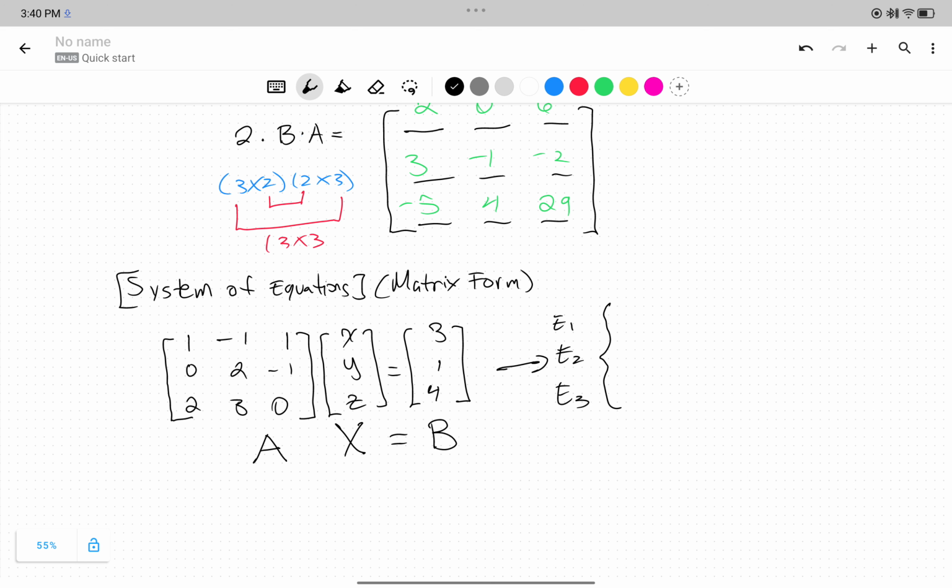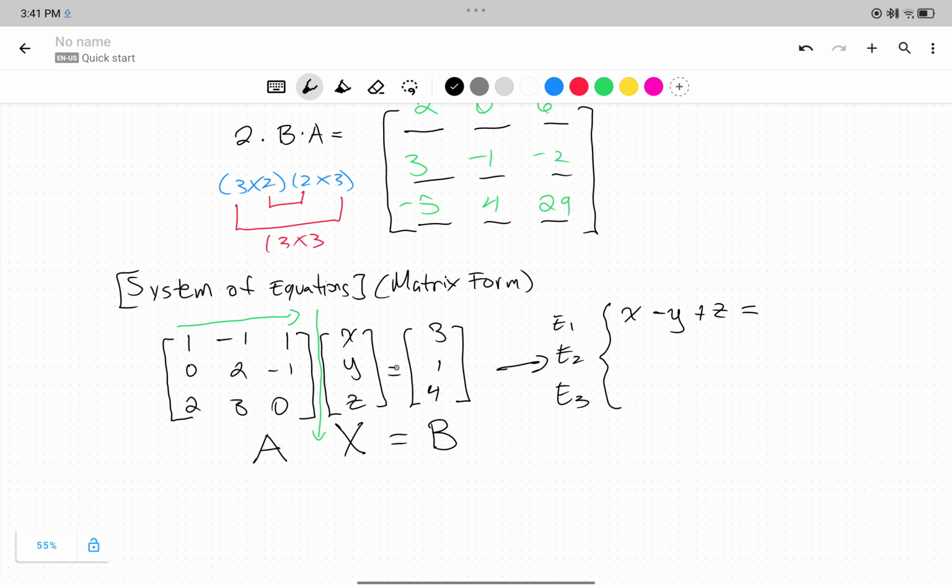There we go. Well, we know matrix multiplication. Rows, you go that way. Columns, you go this way. So if it's the first one with the first one, 1 times 1 is x. Negative 1 goes with y, you get negative y. 1 goes with z, you get z equals.